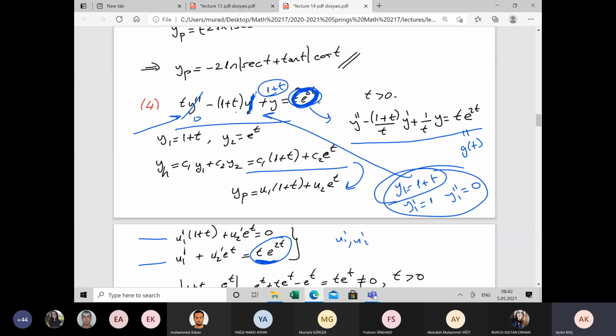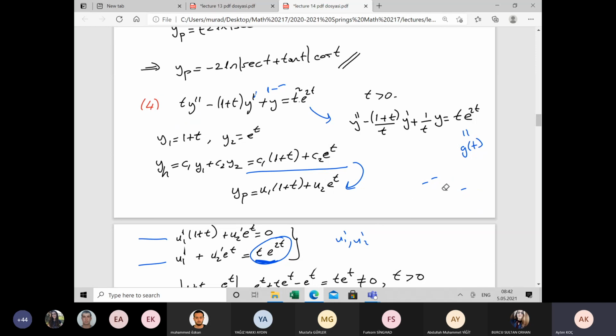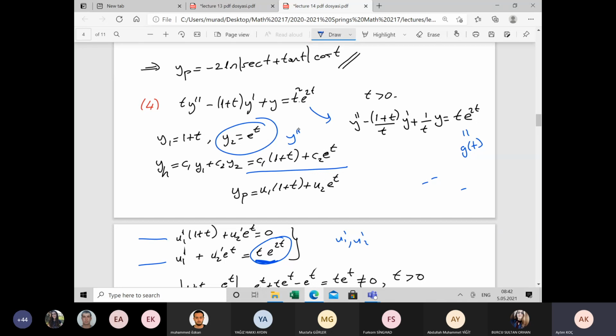Now take the other solution, y sub 2, and let's see that it is a solution of our differential equation. Compute the prime first, e to the t, and the double prime is the same.